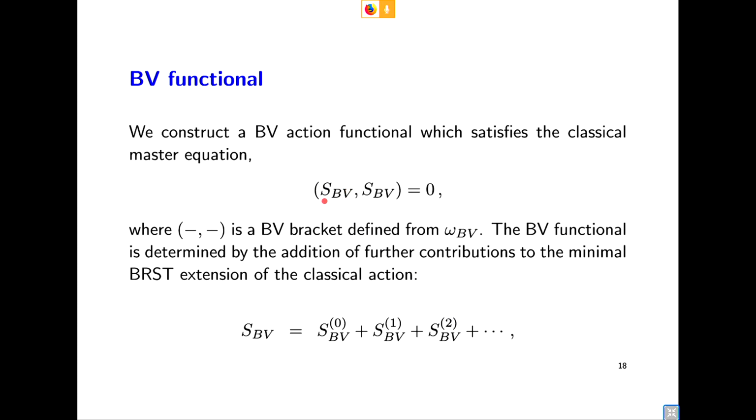Now we want to construct the S_BV functional on the mapping space. The BV procedure is as follows. The BV functional is determined by adding contributions to the minimal BRST extension of the classical action. First we expand like this.